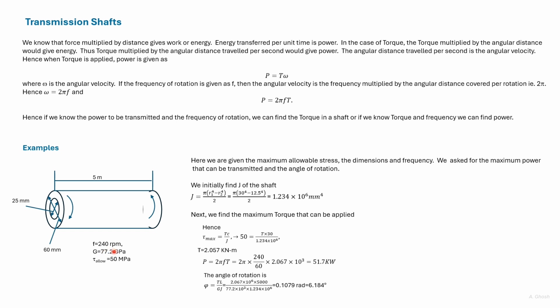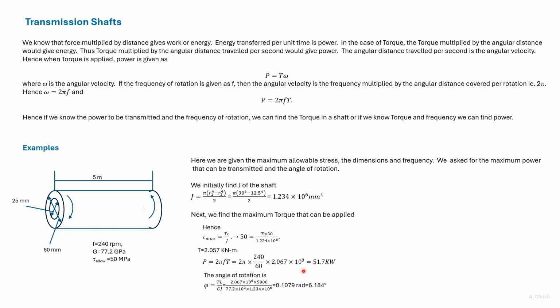Dividing that by 60, we get the revolutions per second. And power is given as 2 pi f T. So we have just found out T, so we can find the power.